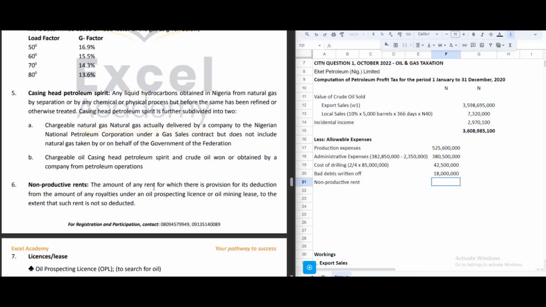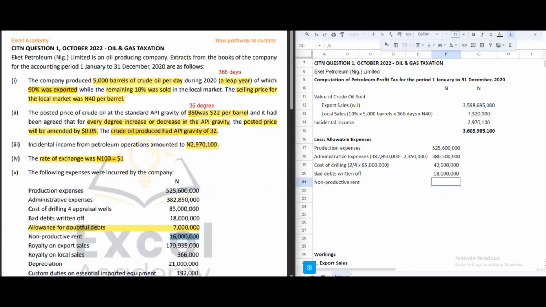The notice says it's the amount of any rent for which there is provision for its deduction from the amount of any royalties under an oil prospecting license or oil mining lease, and to the extent that such rent is not so deducted, non-productive rent, that's 16 million.